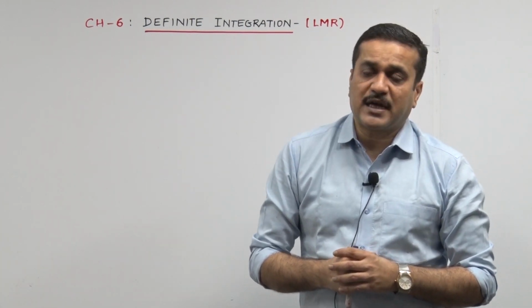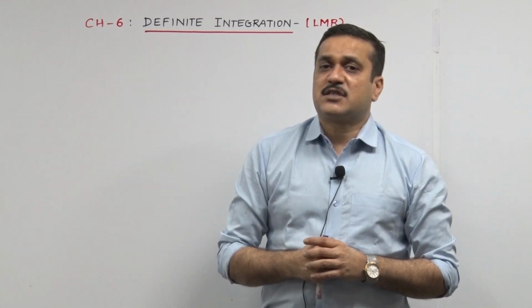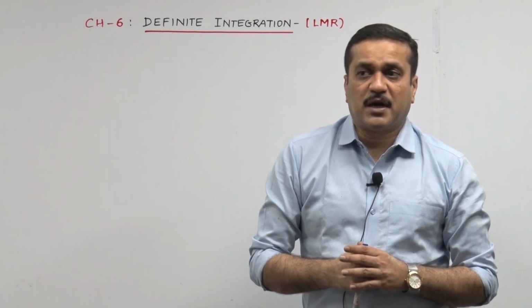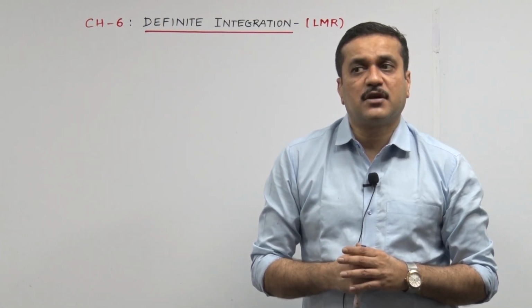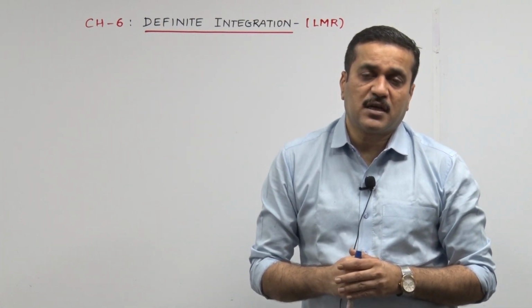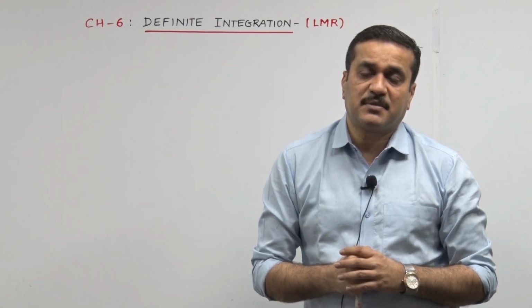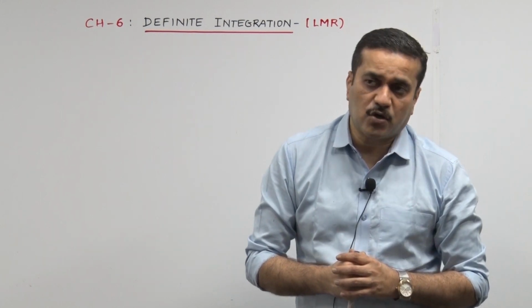But before getting into that second part, let's check the first part. Of course, I will not be taking up all the sums, but we'll try to cover at least two sums from the first part, where we actually integrate the sum and then we apply the limits, upper limit, lower limit.